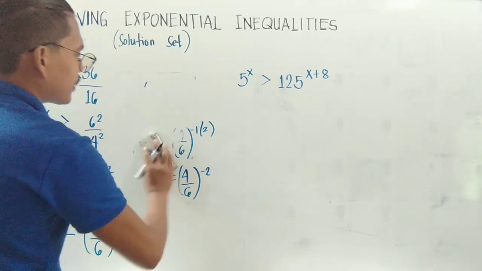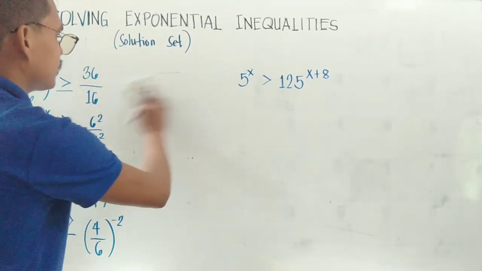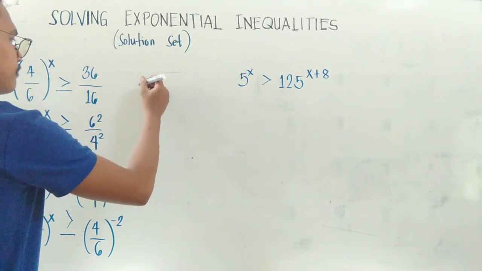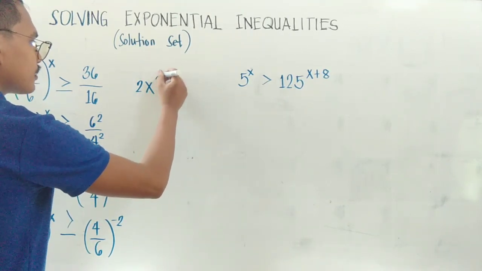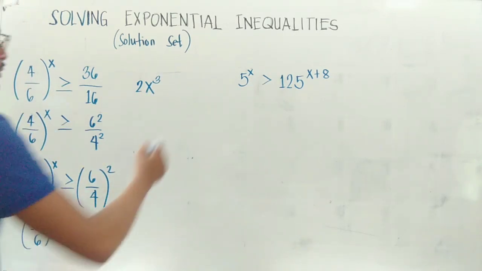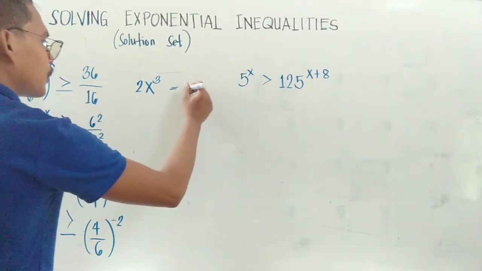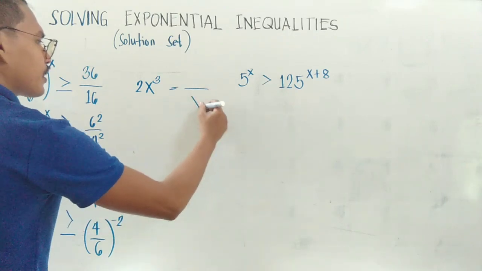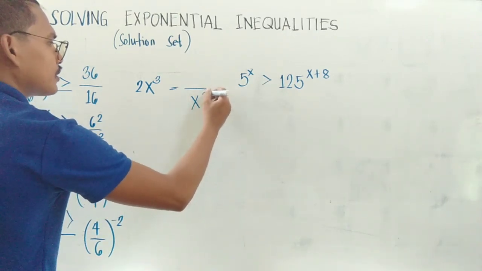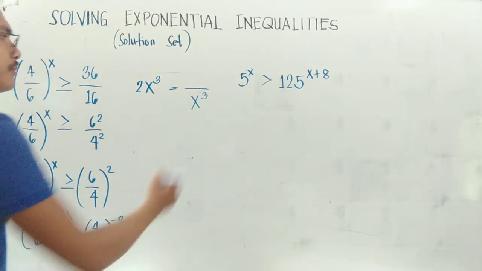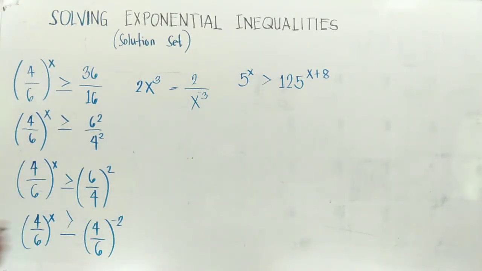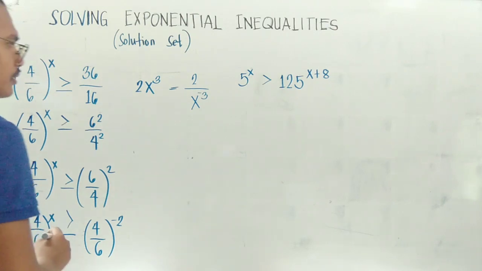Or I will give you another example. This one. So we have, for example, 2x raised to 3. If we will put x cubed on the denominator, it will become negative and 2 will remain on your numerator.